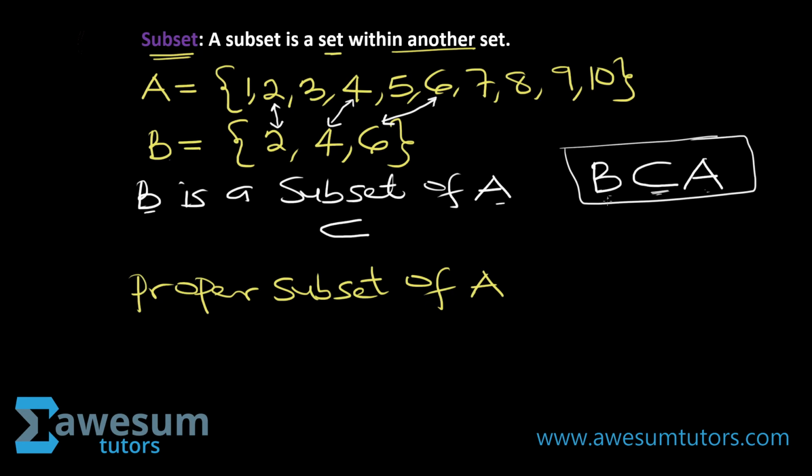Because B does not contain every element of A. B only contains some few elements of A, right? Therefore, we can say it is a proper subset of A. Do you understand that right now, guys?